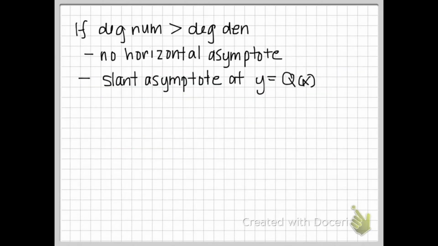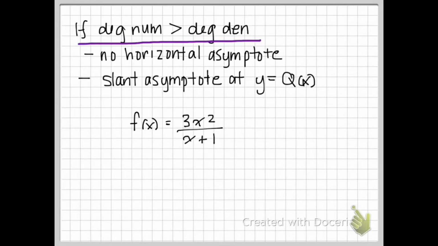Okay, and then finally, if the degree of the numerator is greater than the degree of the denominator, like if I just quite simply had f of x equals 3x squared over x plus 1.